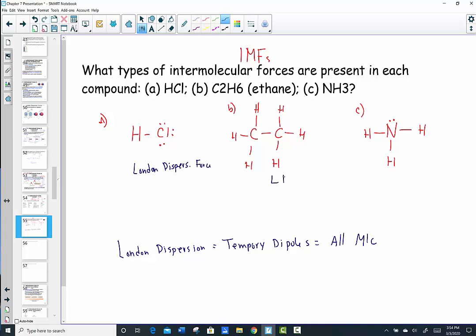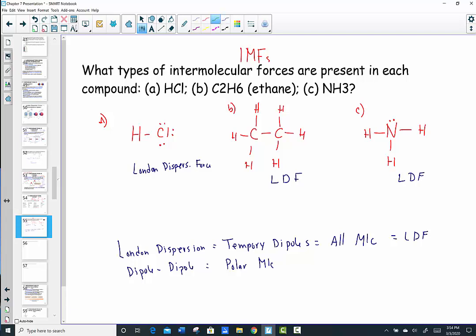We'll just abbreviate that. Now, what about dipole-dipole, which is the next strongest? Remember that only polar molecules exhibit dipole-dipole. So we're looking for polarity.